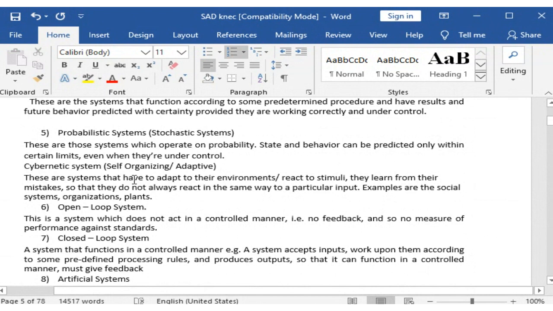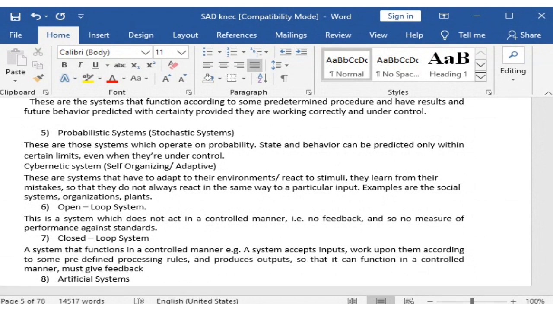Then we have cybernetic systems. They are probabilistic systems. Then we have open loop. This is a system which does not act in a controlled manner, that is, no feedback, and so no measure of performance against standards.